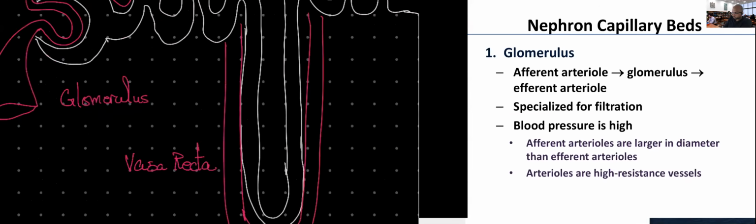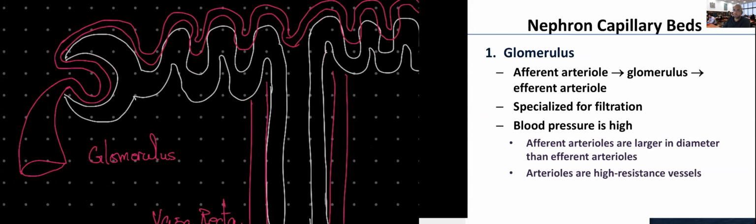All right, so let's focus first on the different capillaries. First is the glomerulus. The glomerulus, as you see, it gets its blood from the afferent arteriole and it drains the blood out through the afferent arteriole. The glomerulus is going to be responsible for the filtration of the blood.